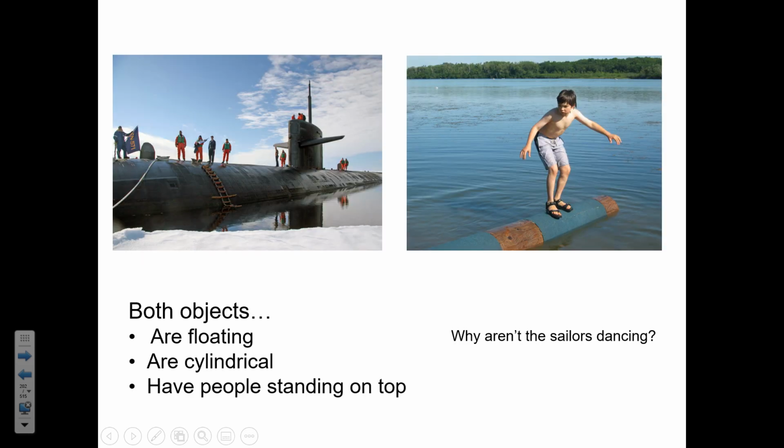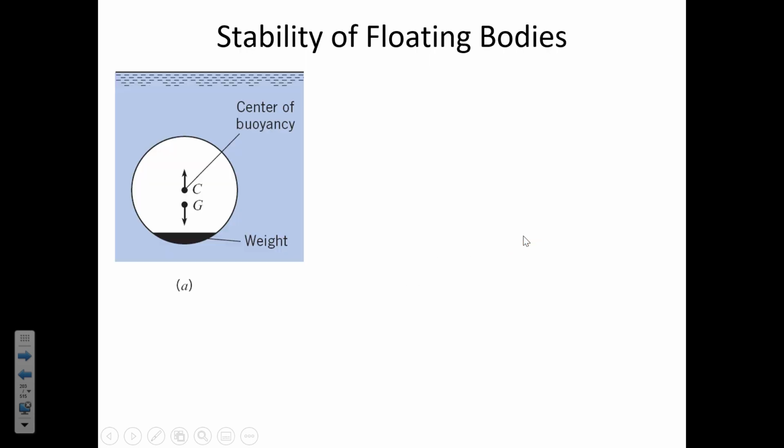That log that the boy was on, what if they put a bunch of lead weights at the bottom of the log? So that's what this is. They've affixed a heavy weight at the bottom of it, and that keeps it a lot more stable because it's naturally going to have that heaviest part at the bottom, and so it's less prone to tipping. I think instinctively you already know that.